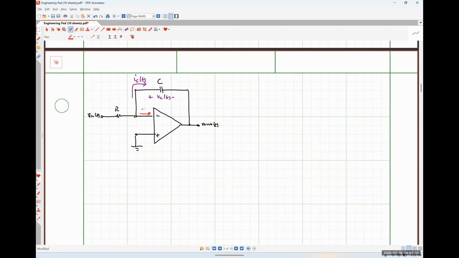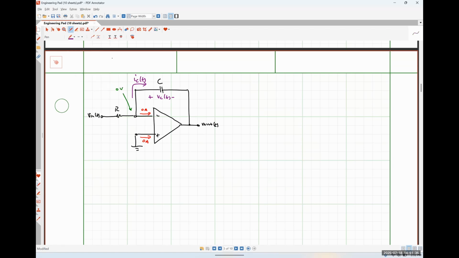So we've got 0 amps flowing into either of our input nodes. I believe that by inspection, we can see that the voltage present at the non-inverting input node is 0 volts, which means the voltage at the inverting input node is also 0 volts.